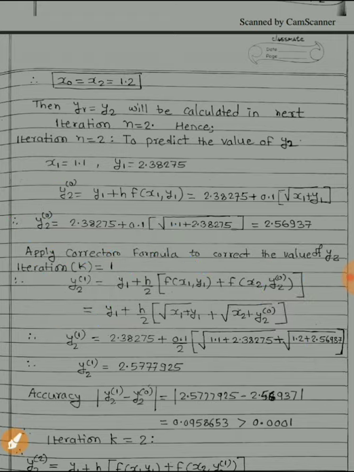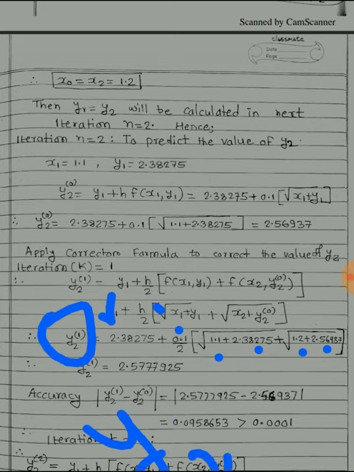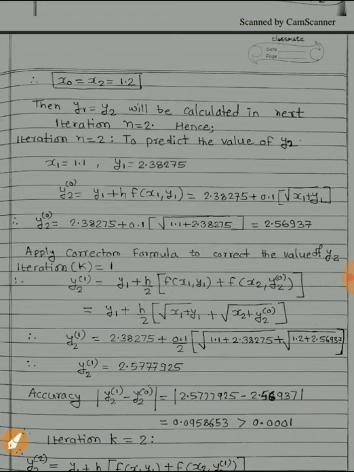The next work is to put in all the values: h is 0.1, x1 is 1.1, y1 is 2.38275, x2 is 1.2, and y2 raised to power 0 is 2.56937. Calculating y2 raised to power 1, the value of y2 after the first correction, we get 2.5777925, as shown here.